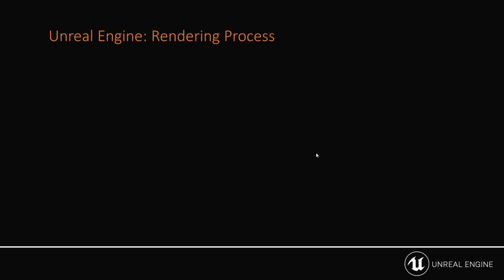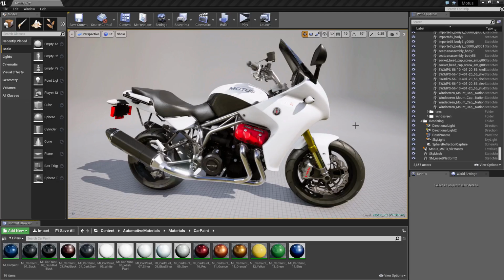All right, let's take a look at the Unreal Engine rendering process, and what's involved in rendering in Unreal Engine. There are a couple of key things that we want to follow with rendering. Nothing can be beautifully realized without utilizing materials.